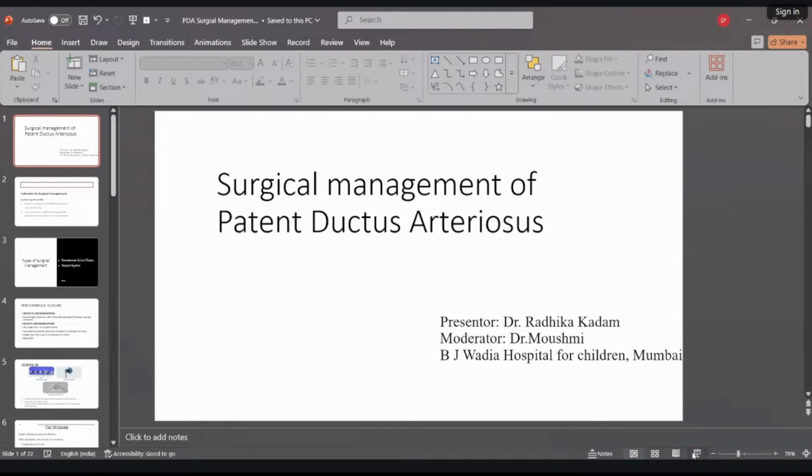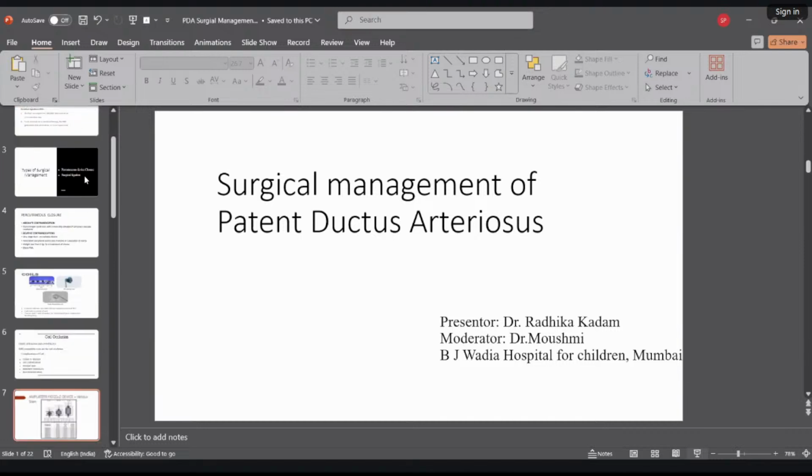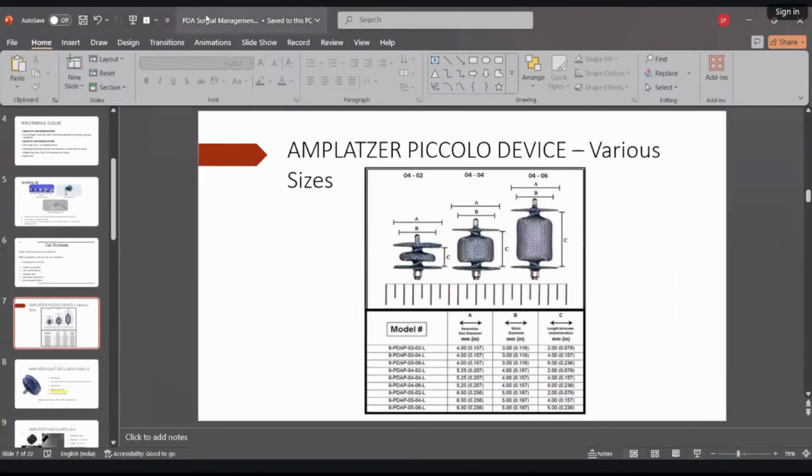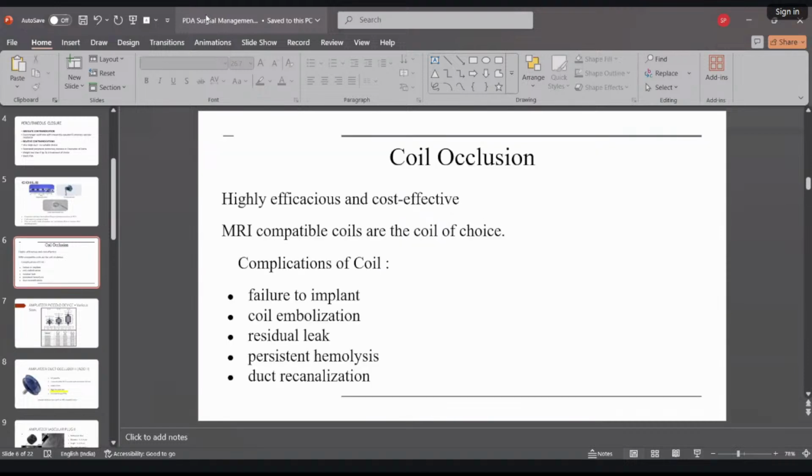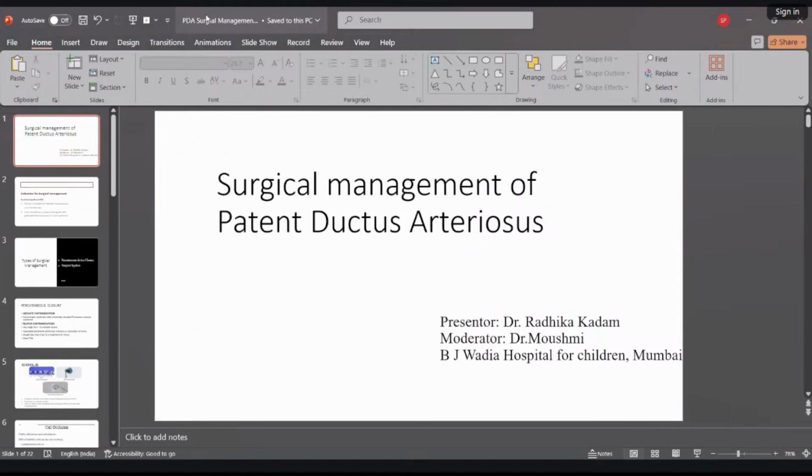I've done slideshow, sir. We are not able to see the slide. So just do next. At least the slides are moving. Okay, now they're moving. So maybe we'll have to do it without the slideshow. Just do it like this only then. Okay.